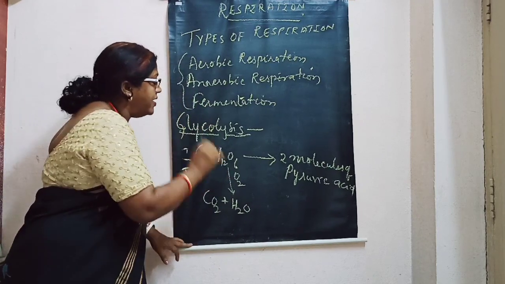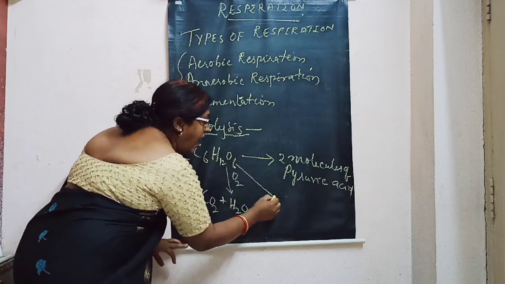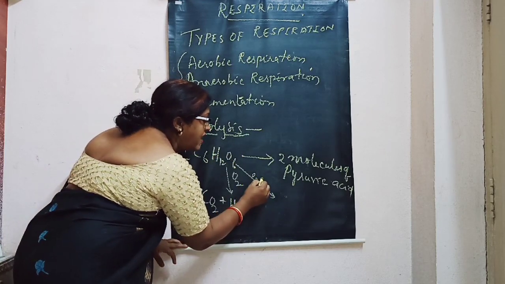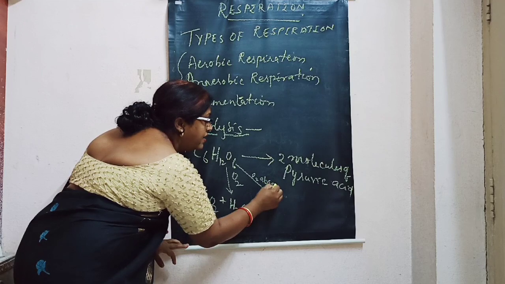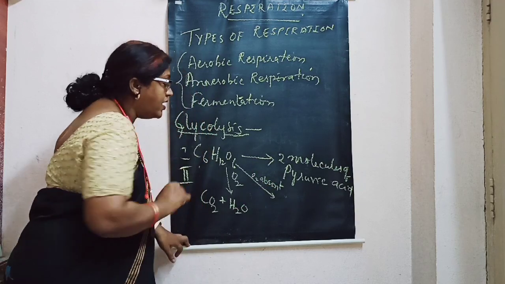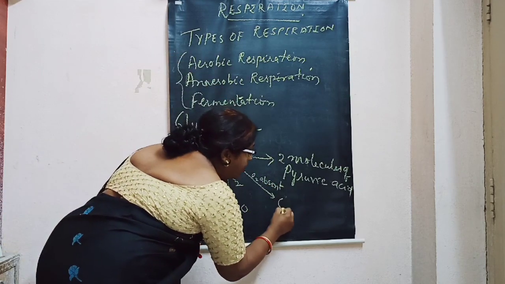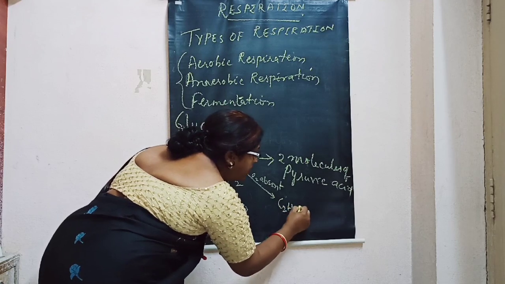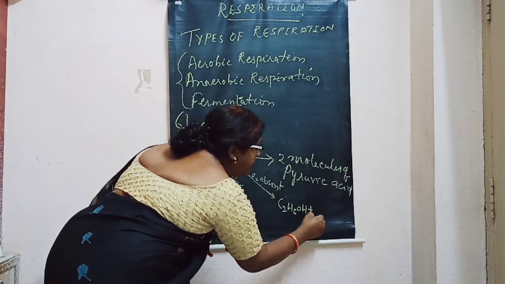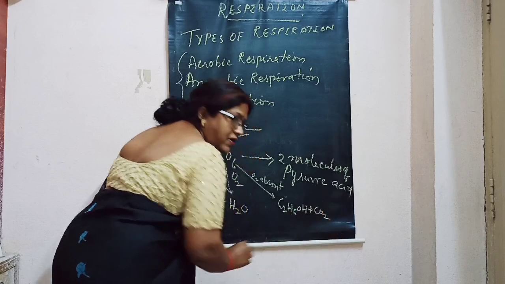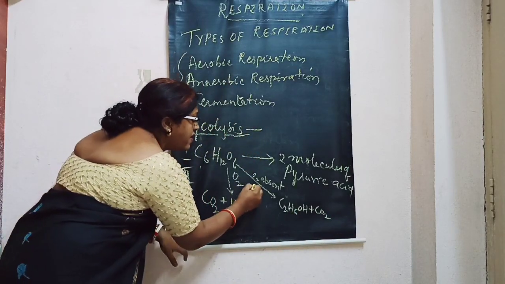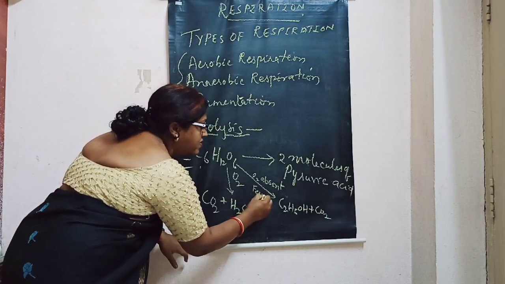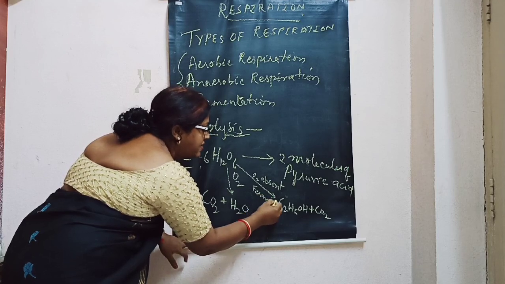Understood children? And then if oxygen is absent, then this glucose gives rise to ethyl alcohol, C2H5OH, plus carbon dioxide. This is what is called fermentation.